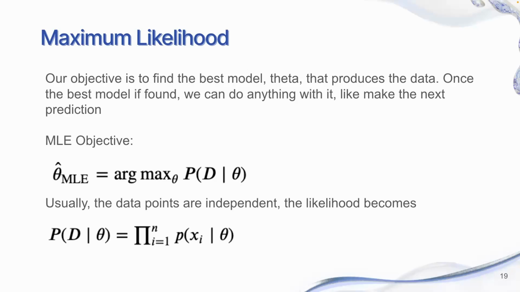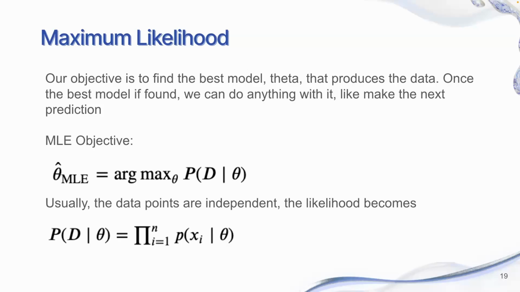Formally, you can formulate this objective as theta hat MLE, which is just your best model. You're trying to figure out how biased the coin is, and what's the best coin that generates the data you observed.